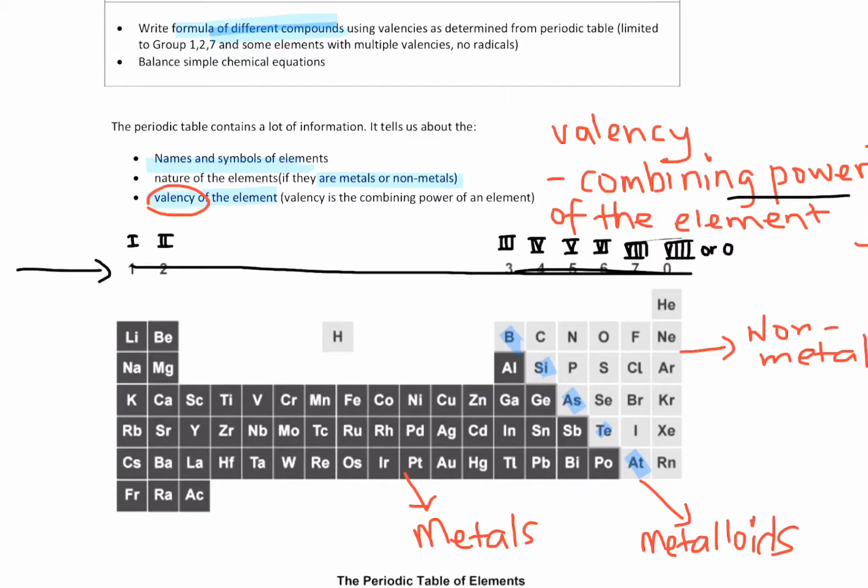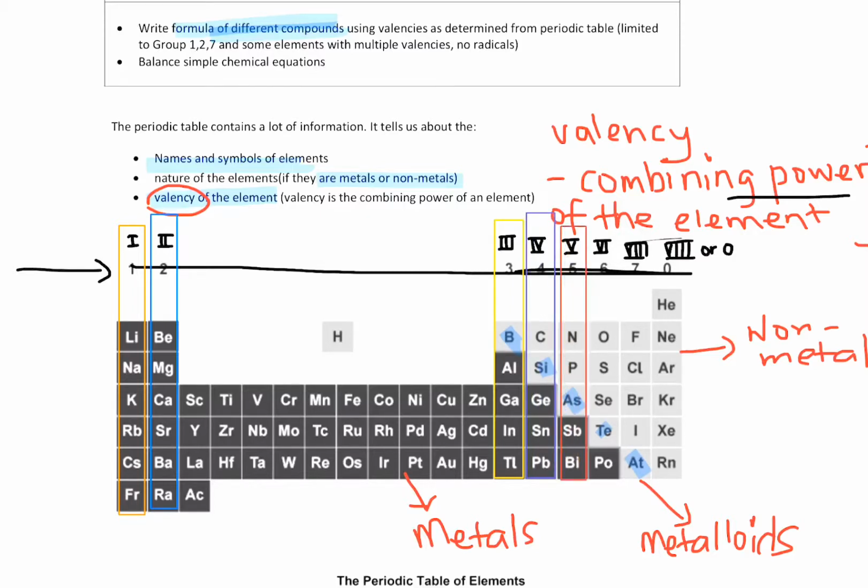Now, what that means is that all these elements over here are in group 1. Everything over here is in group 2. Right here, we have the elements in group 3. Here we have the elements in group 4.